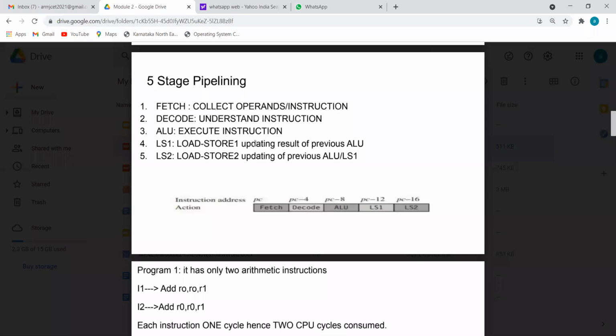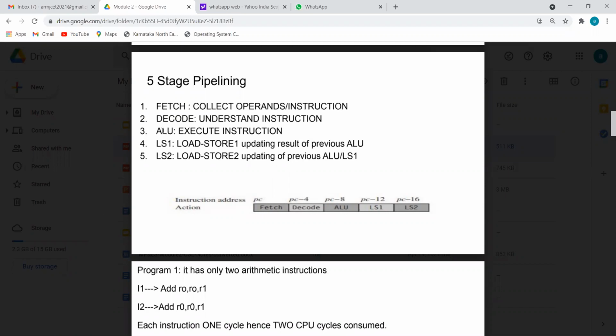LS1 means load store one, for the first part of a load or store. Why are LS1 and LS2 required? I will show with the help of an example. LS2 means extended version.